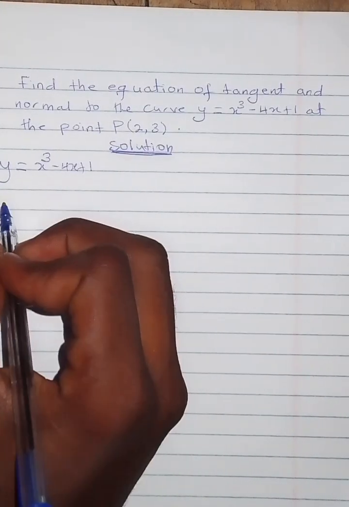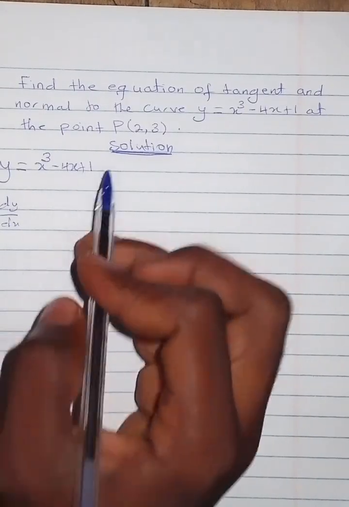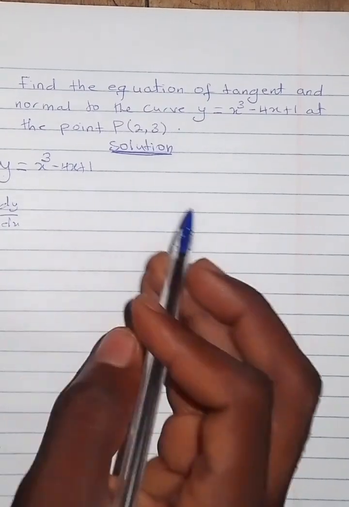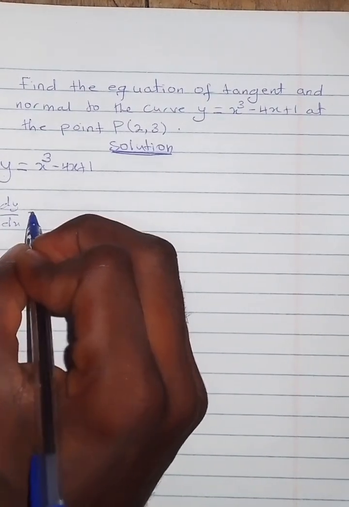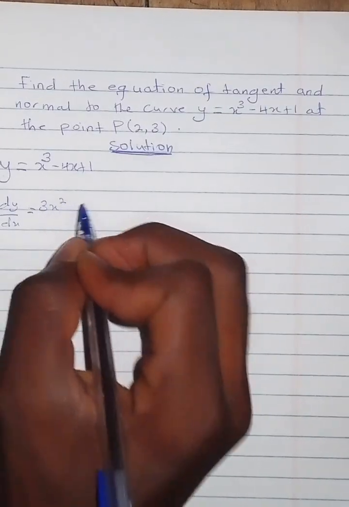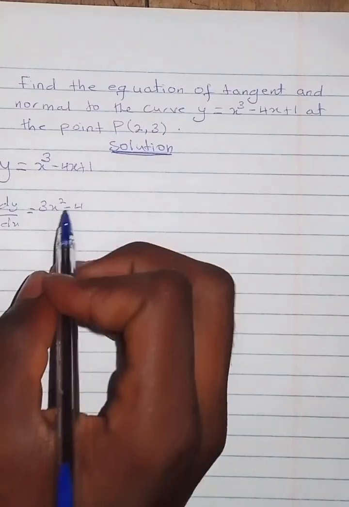Differentiating dy/dx, which means we differentiate y with respect to x, this will give us 3x squared minus 4. So this is the gradient function.